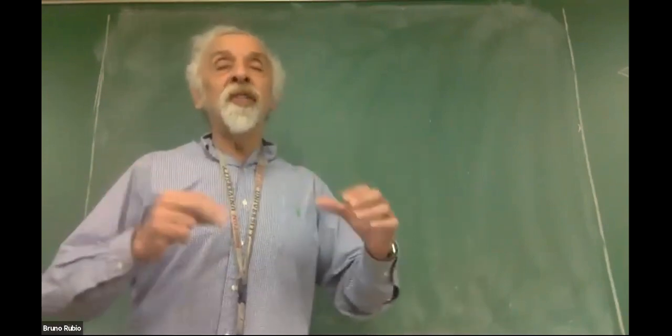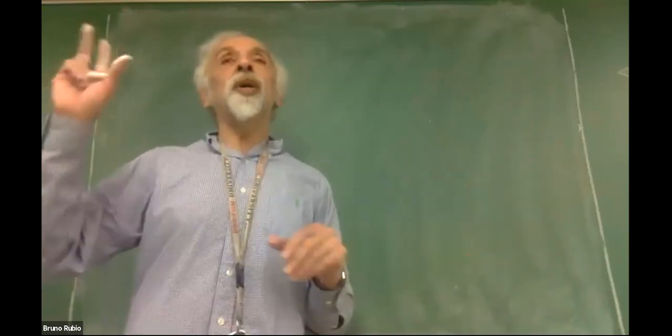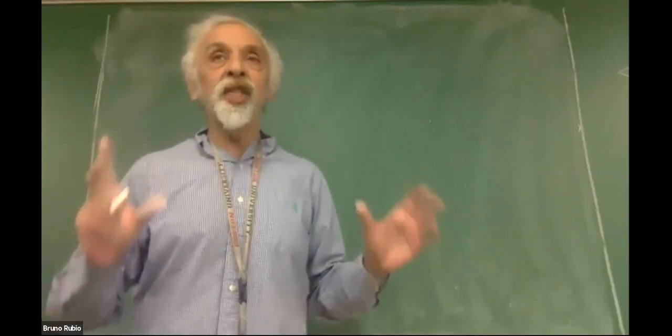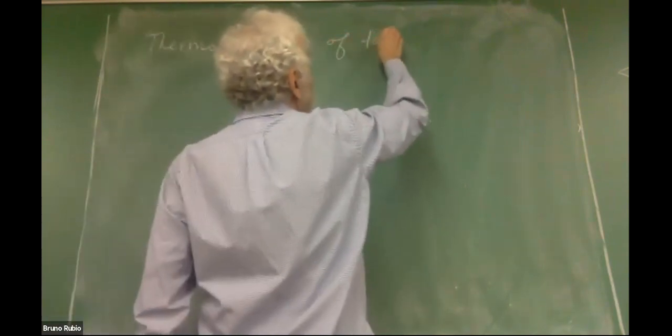A way of determining whether the keto tautomer or the enol tautomer will predominate in solution. Whether the imine tautomer or the enamine tautomer, which will there be more of in solution? And so that's what I want to talk about now. And this is the thermodynamics of tautomerization.